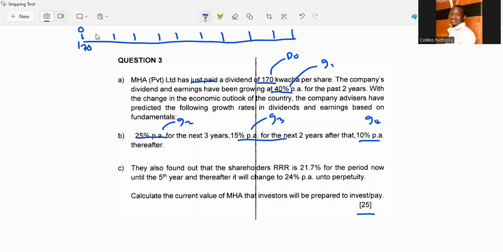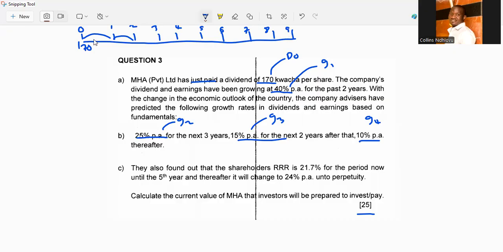For the next 2 years, we'll be growing at what? 1.4, right? 1.40. So this is year 1, year 2, year 3, year 4, year 5, year 6, year 7, year 8, and 9.